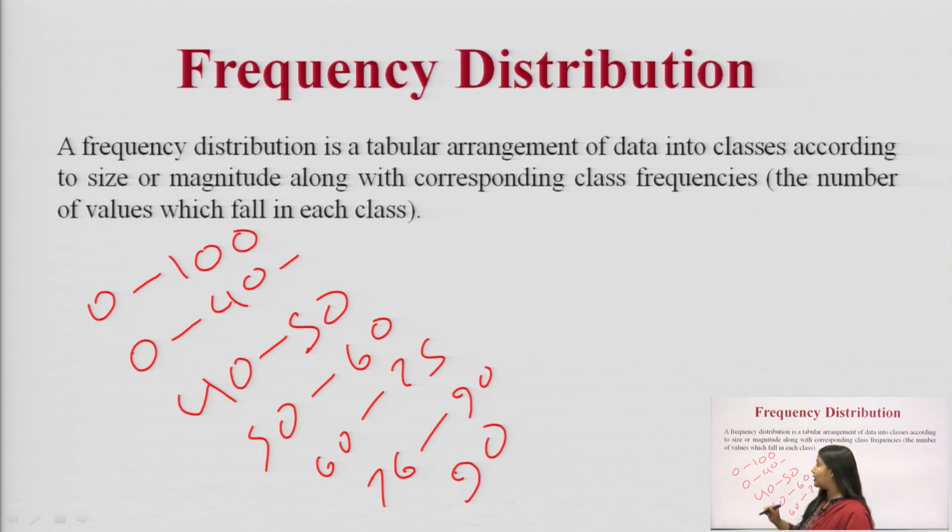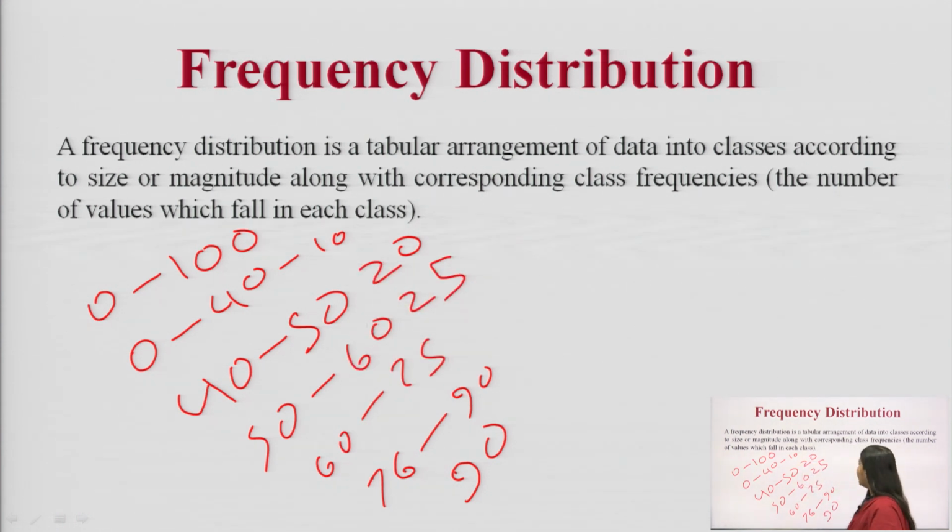So, 0 to 40 marks will be got by 10 students, then 40 to 50 marks by 20 students, then 50 to 60 marks by 25 students, again 60 to 75 marks by 25 students. Then 76 to 90 marks are got by 10 students, and who will get 90 plus marks? 5 students.